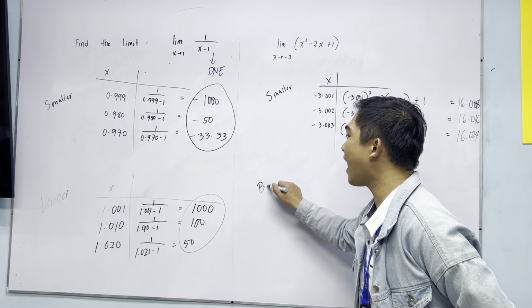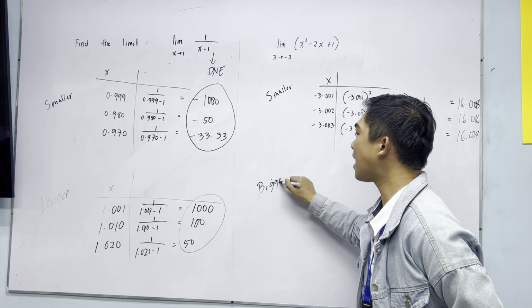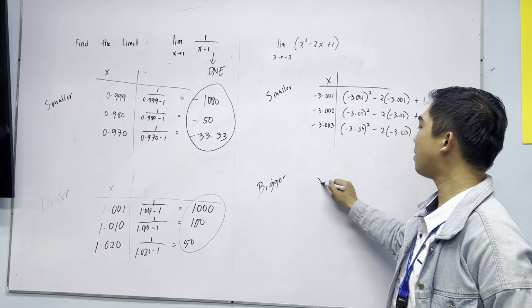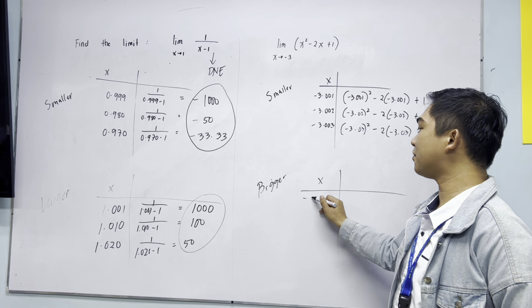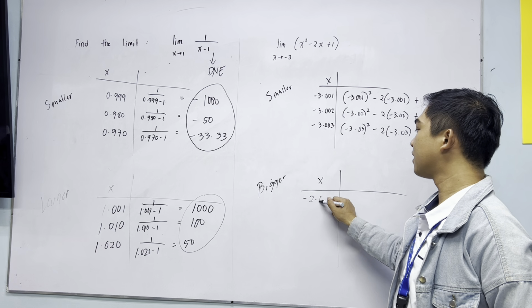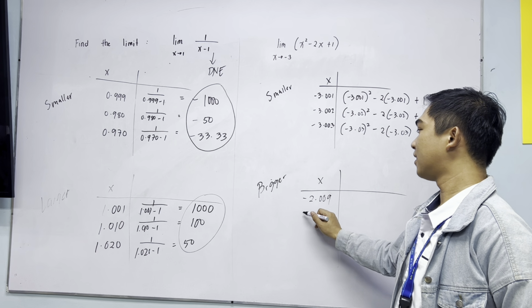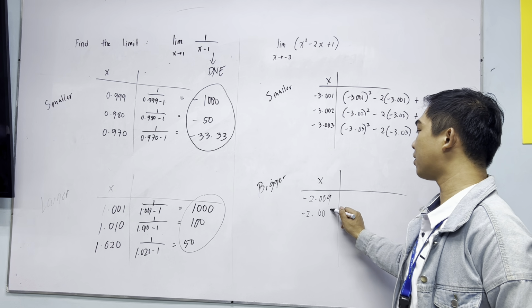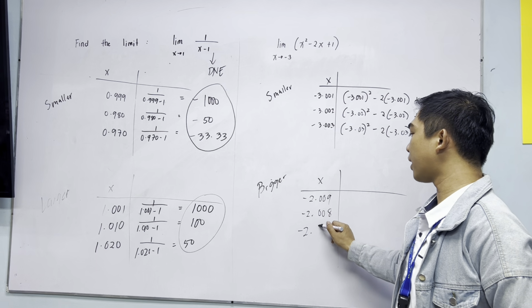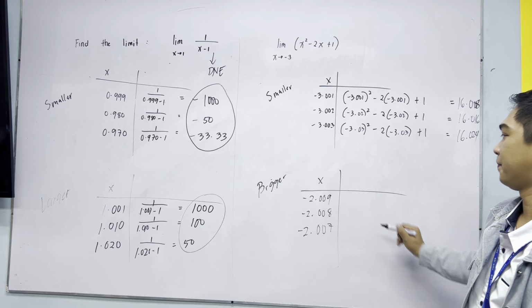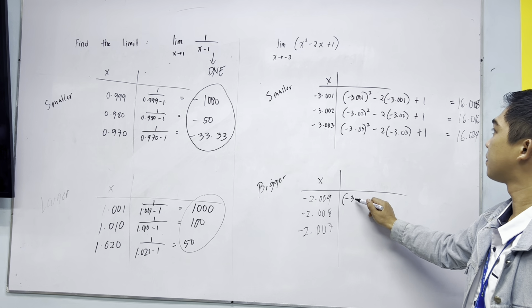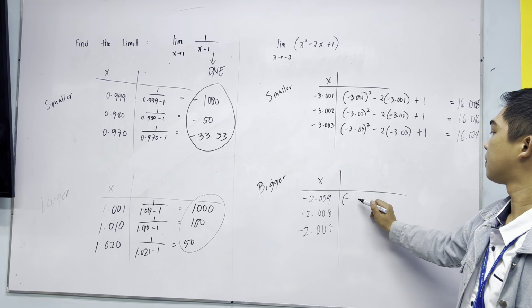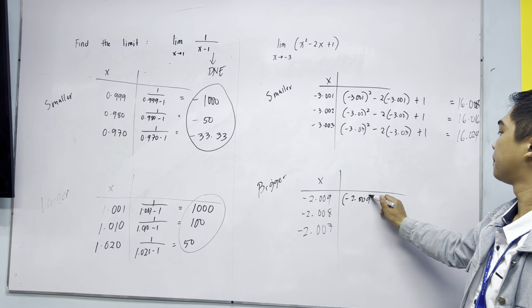Okay, bigger than or larger than negative 3. Ano yung mga yon? Negative 2.009 na lang. Negative 2.008. Negative 2.007. Kasi nandito na siya. That is the negative 3, di ba? Nandito na siya.